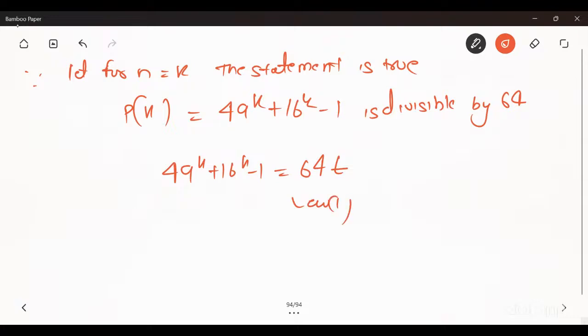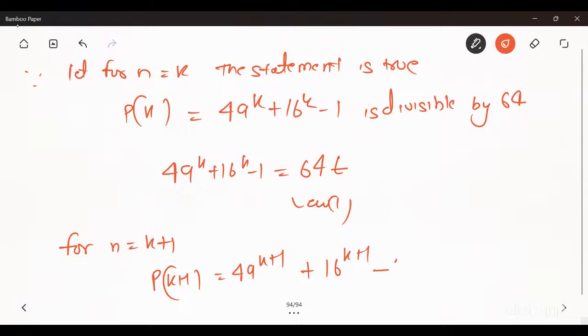For n equal to k, the statement is true. Now for n equal to k plus 1, P k plus 1 equal to 49 to the power k plus 1 plus 16 to the power k plus 1 minus 1.